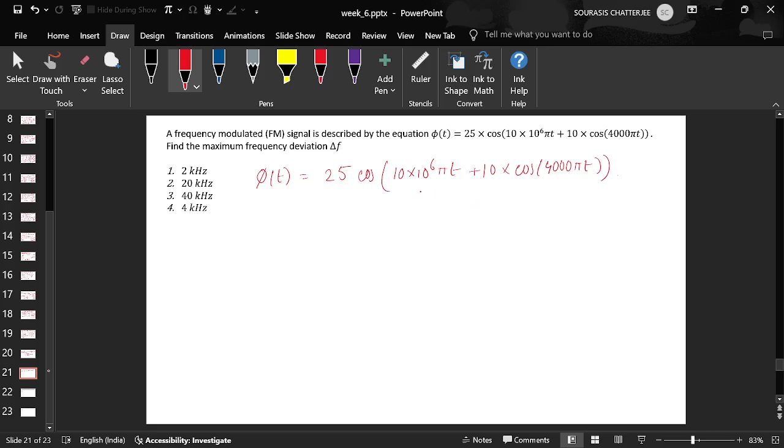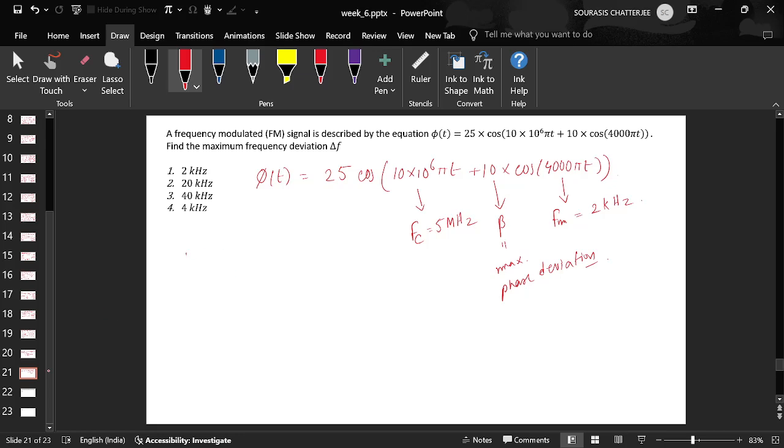So you can see from this expression your Fc is 5 megahertz, your Fm is 2 kilohertz, and your modulation index beta is 10, which is also the maximum phase deviation.